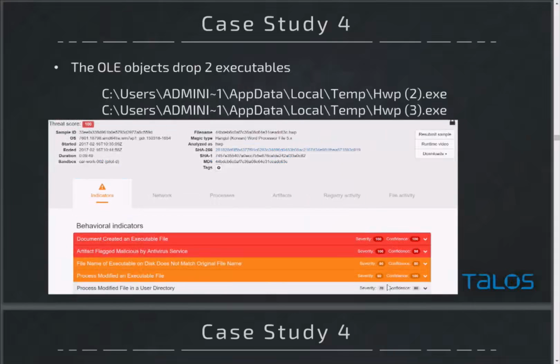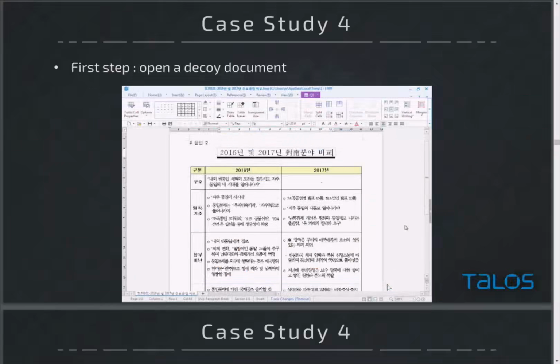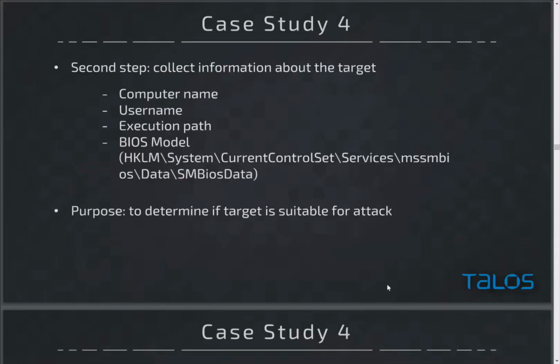So here is the output of my sandbox. And when you click on the link, it opens a new HWP document, and behind it executes the shellcode. This document is a decoy document to make it look legit. I have more information about the payload. What it does in the background: it gets the computer name, the username of the machine, the execution path, and the BIOS model.